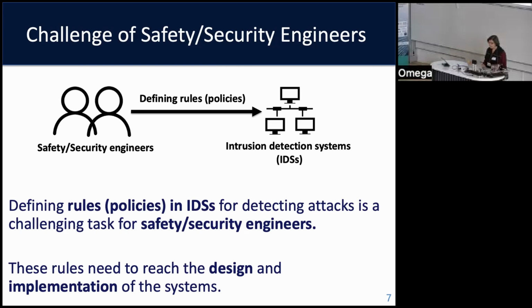That's the least that these IDSs can do. So it is not easy to derive this from the specification documents of the system. And when you have the rules, you also have to move them to design and implementation.